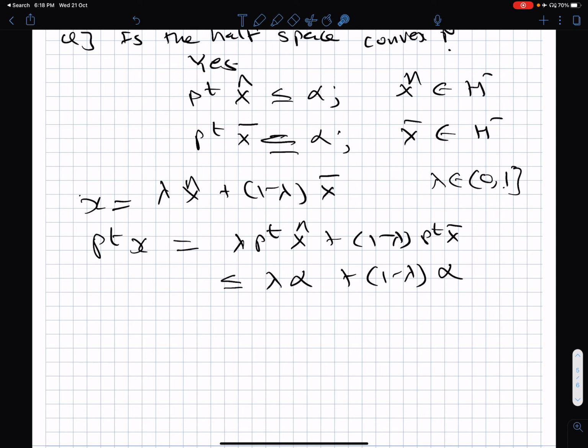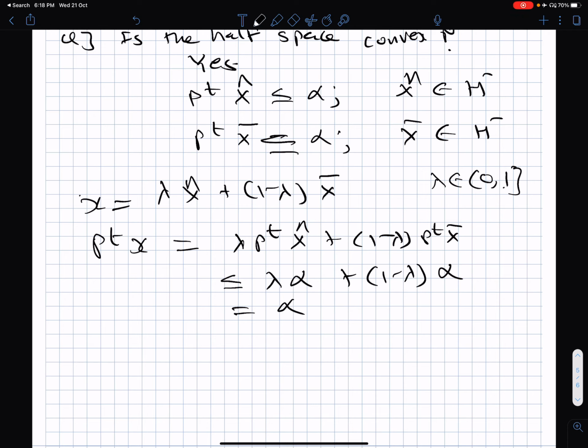The other thing that facilitated this decision is that when I'm adding these combinations, lambda is greater than or equal to 0, and 1 minus lambda is also greater than or equal to 0. So the inequalities during any addition do not change their sign, and hence I could write all of this, and then this is equal to alpha.